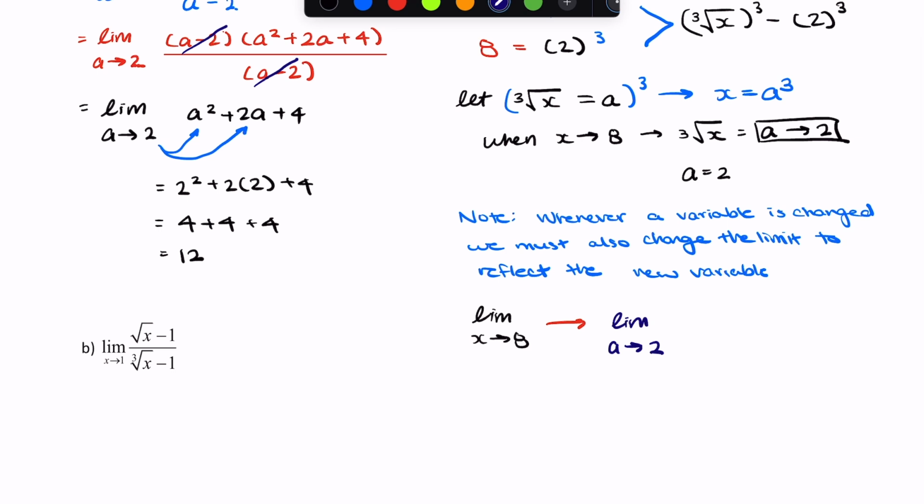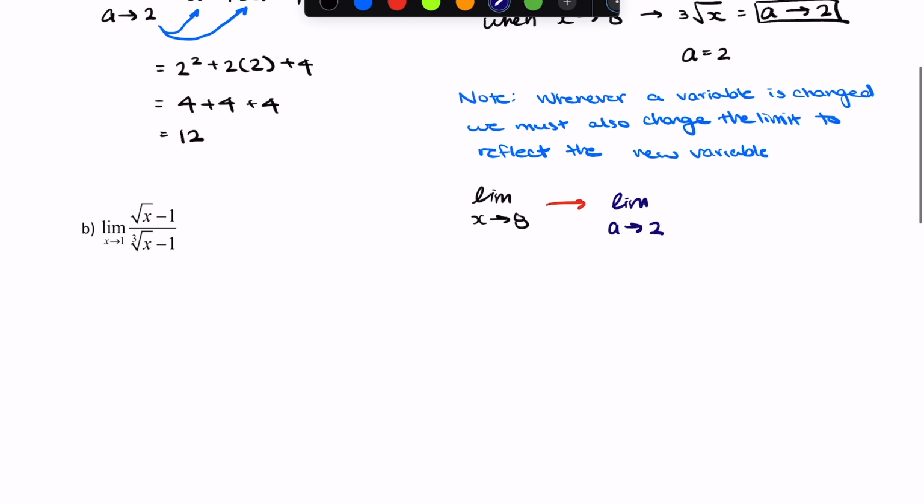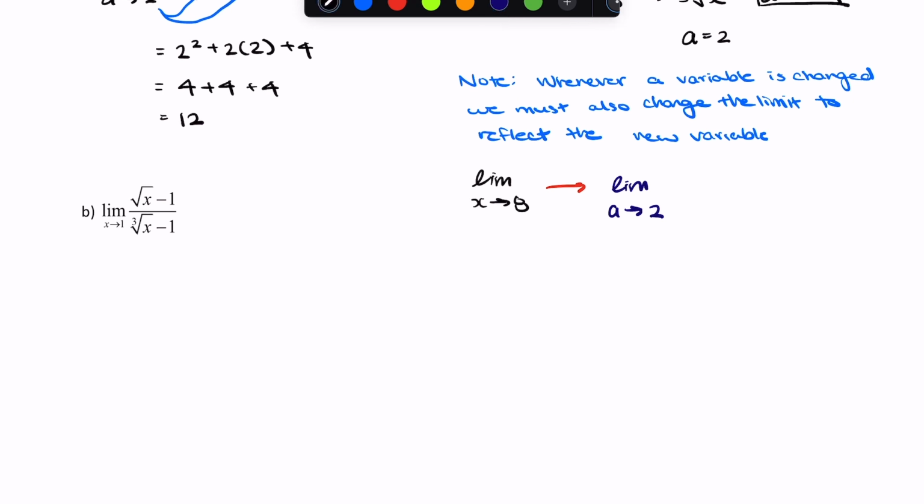Okay, so let's look at this next example here. We have the limit as x approaches 1 of square root x minus 1 over the cube root of x minus 1. So we do the same thing that we did in the previous question. To start, we'll let the cube root of x equal a.